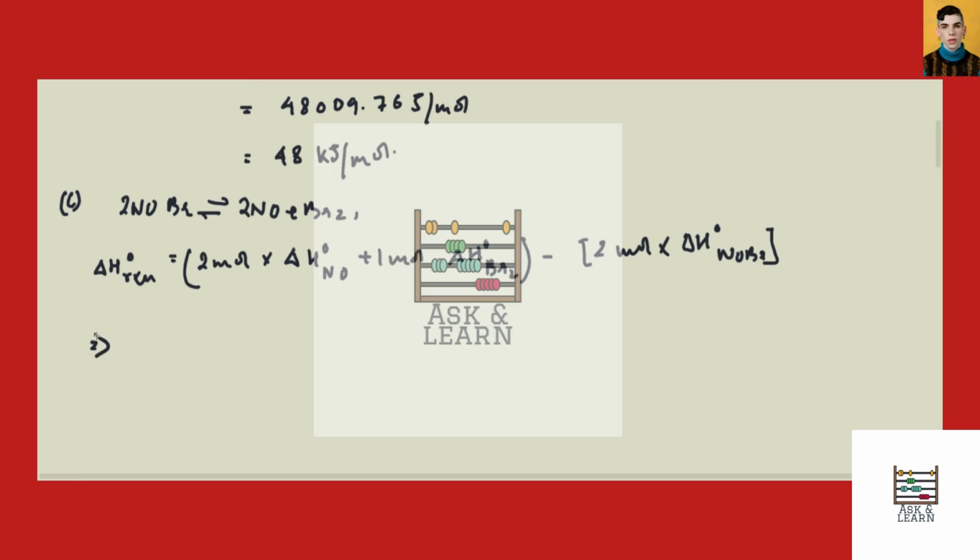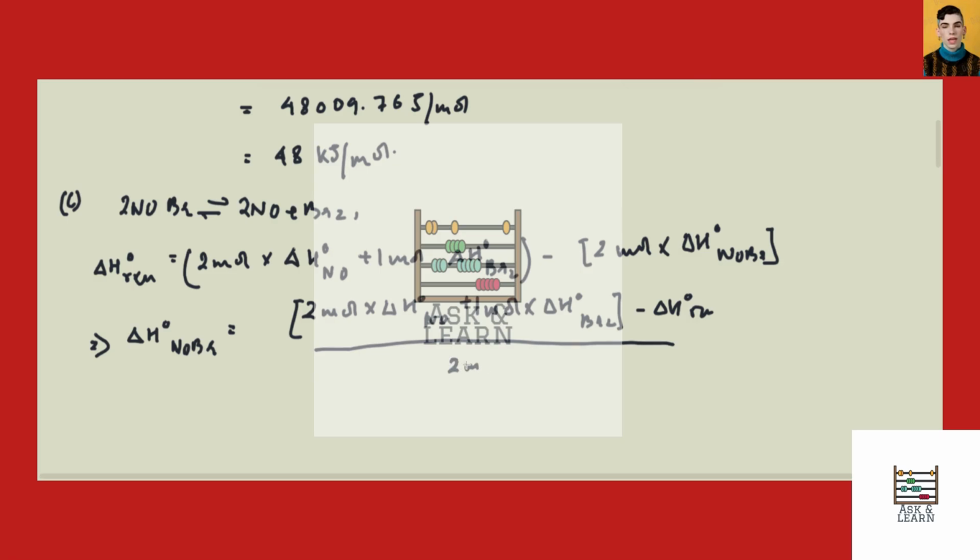So rearrange this equation for delta H naught NOBr. There is 2 moles of delta H naught NO plus 1 mole of delta H naught Br2 minus delta H reaction upon 2 moles.